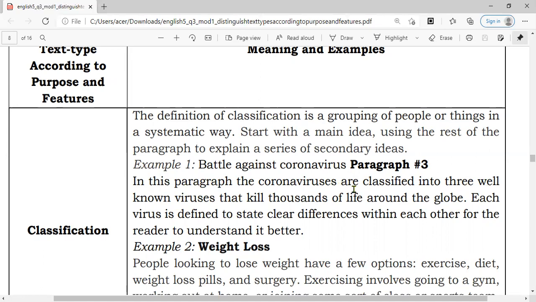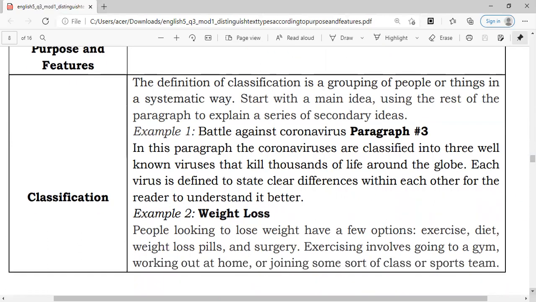Each virus is defined to state clear differences from the others, for the reader to understand it better. So you have there 3 classifications: MERS-CoV, COVID-19, and the virus that started in 2003.